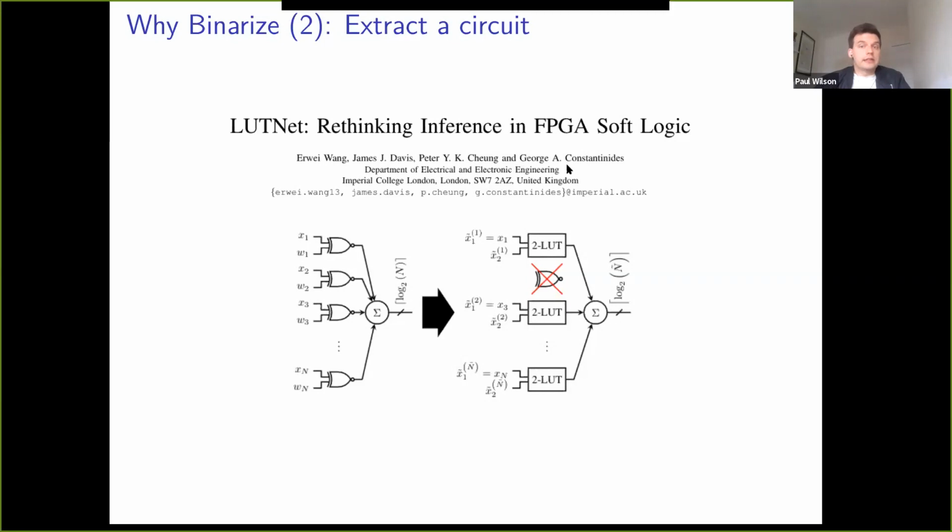One other interesting thing that they observed was that not only can you extract this circuit, but you can train it in such a way that you can turn what are sums of bits into these nonlinear lookup tables. I don't want to go into too much detail about that, but the point is that they showed that you can extract a circuit from this. And actually they run their circuit in an embedded setting, so on an FPGA.